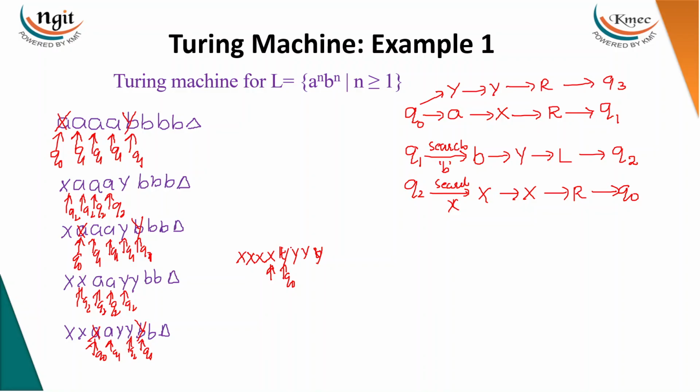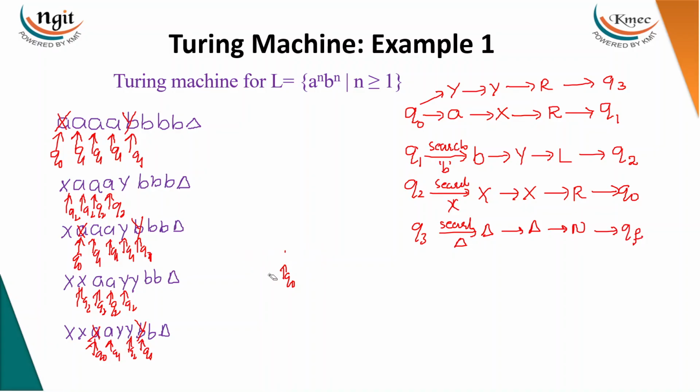Because if Q0 encounters A, we change it to X. But if it is Y, it means no A's are left in the string. Then give the task to Q3 to search for delta, because we should not have B's till delta. If it is delta, don't do anything, no need to move anywhere, simply accept it.